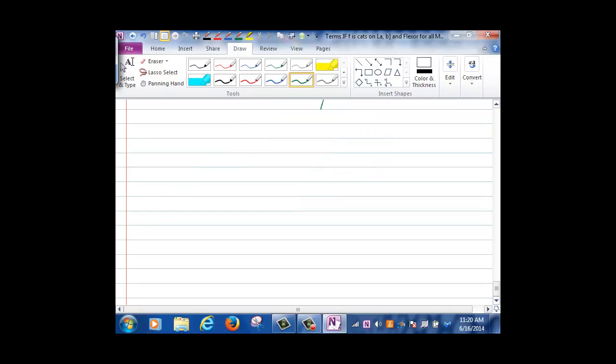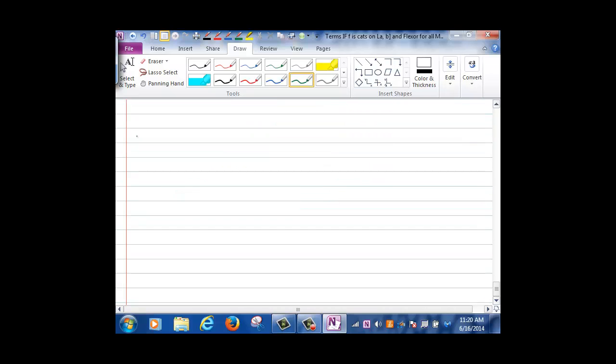Now I want to go over a couple of examples of using this. First example, suppose that I have the function f of x is equal to x to the 1/3, and I want to know where the function is.